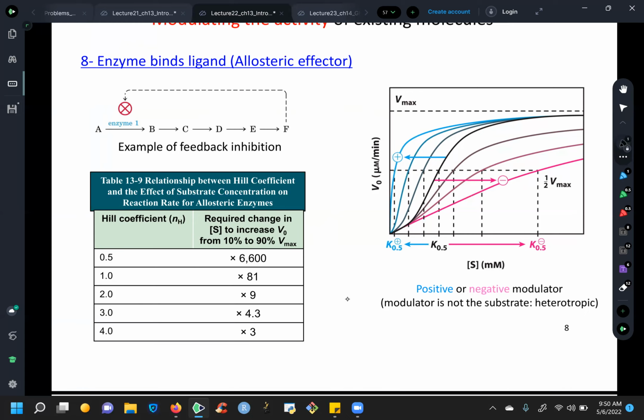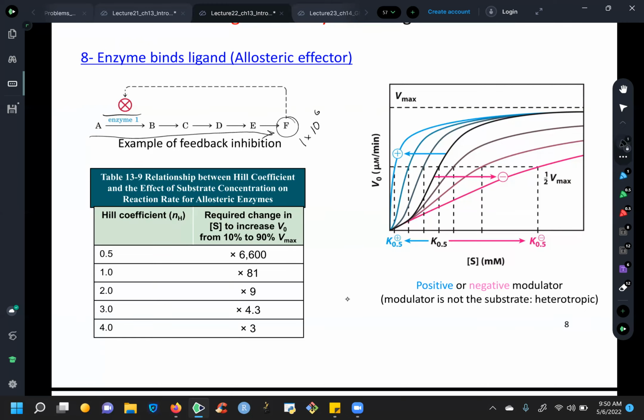So you go down here, and if you already have like 1 million Fs, then that is going to inhibit the activity of enzyme 1, because you're now accumulating your product, and you don't want to do that. So this is negative inhibition.